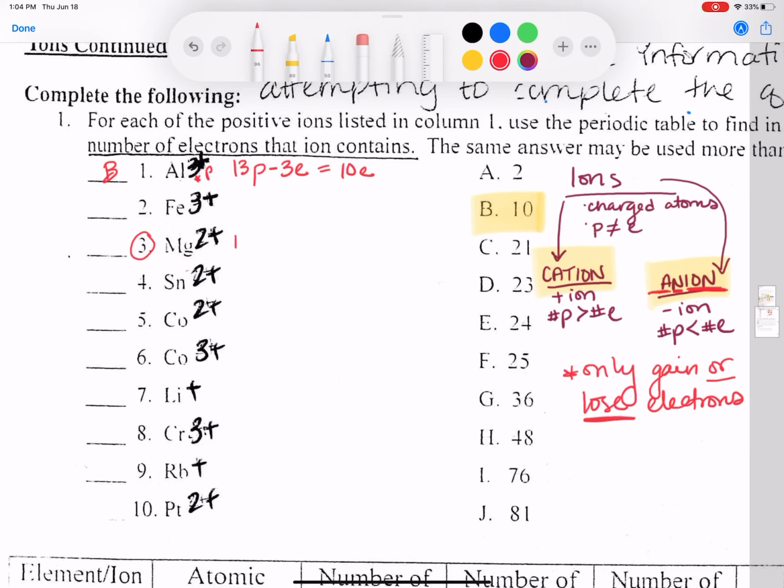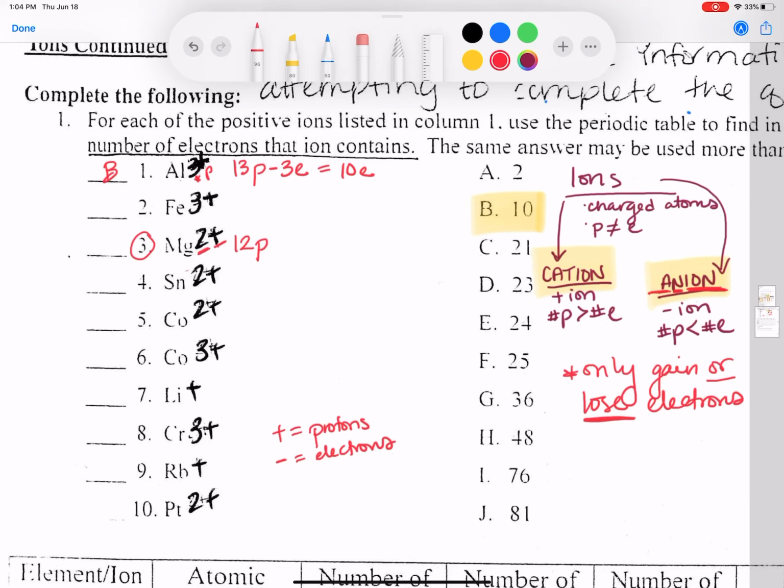Magnesium is number 12 on the periodic table, so it always walks around with 12 protons. The plus, you're reading it as protons, and the minus, you're reading it as electrons. Don't think of plus as addition and minus as subtraction.